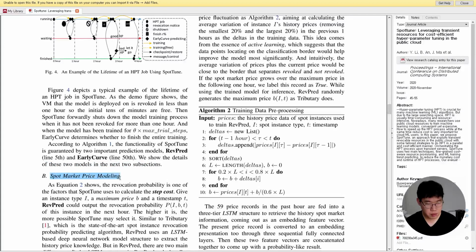Spot market price modeling. As equation 2 shows, the revocation probability is one of the factors that SpotTune uses to calculate the step cost.